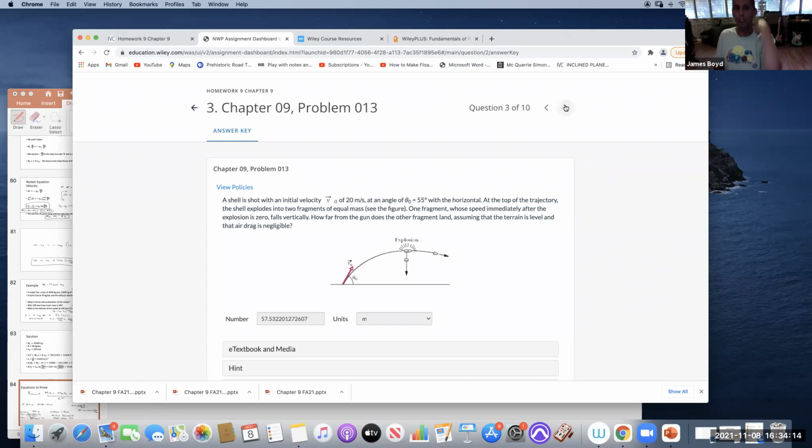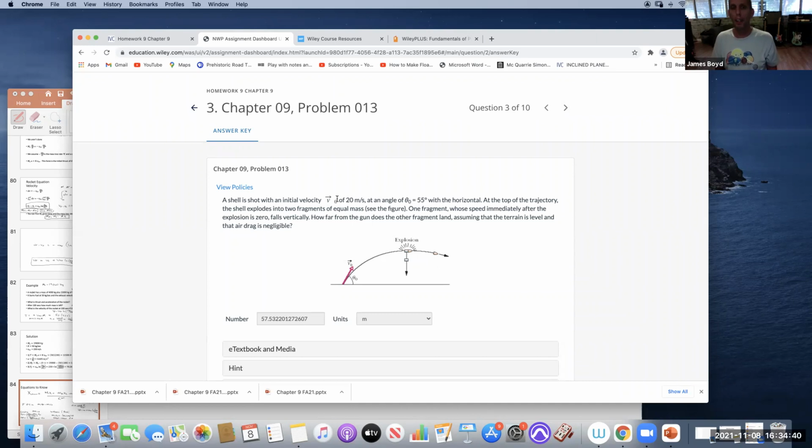All right, this one's really cool, okay? This problem I would actually do in lecture if I didn't give it to you for homework. But this thing is shot with an initial velocity of 20 meters per second at an angle of 55. You should know how to find the velocity in the x direction from that, okay?